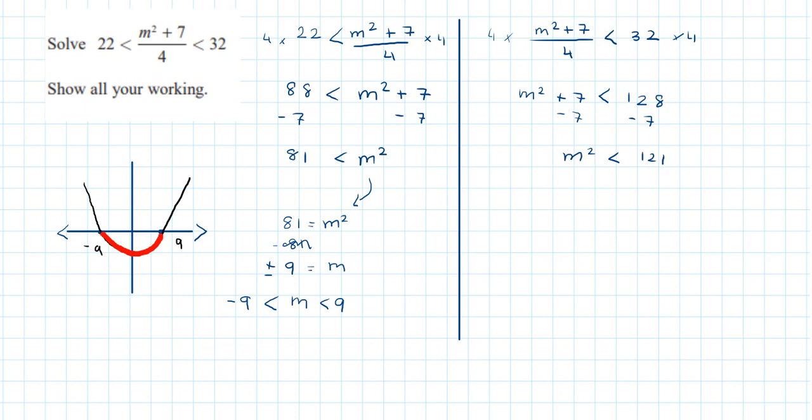I have to again consider the equation of the quadratic graph. m squared is equal to 121, so m is equal to the root of 121 plus or minus, which is m equal to plus or minus 11. Draw the sketch.